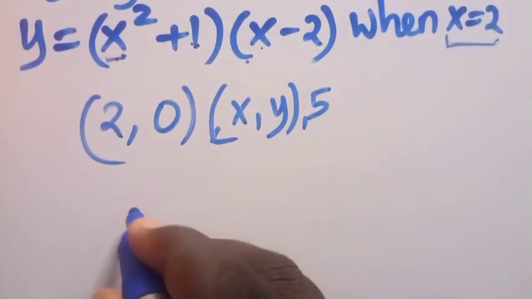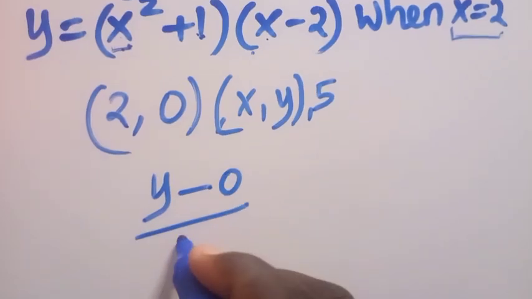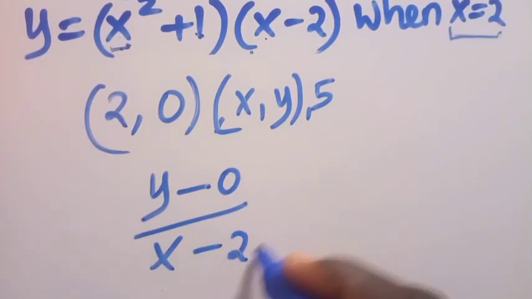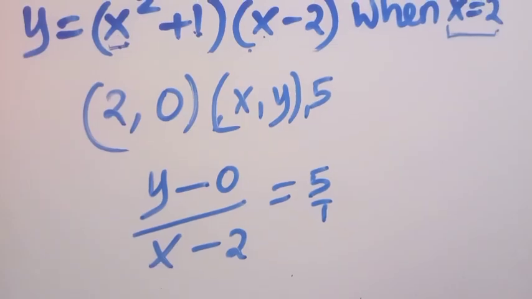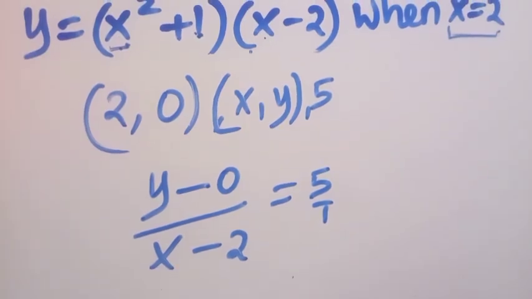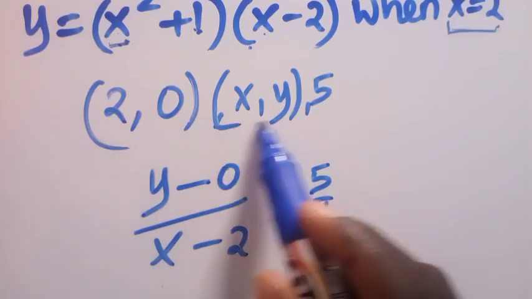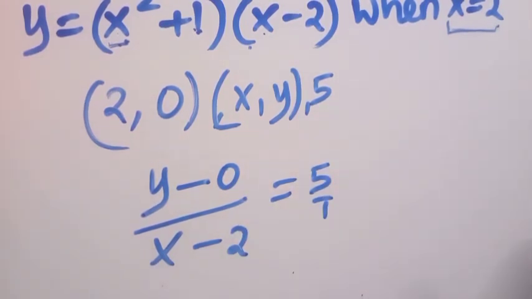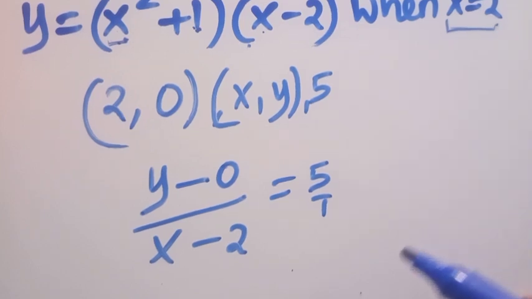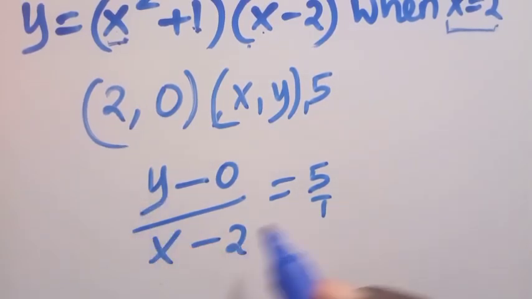We shall have the change in y over the change in x equals the gradient, which is 5, because the gradient is always change in y over change in x. Given 2 points, this is the first point, this is the second point, and we have the gradient of the straight line, which is the change in y over the change in x.